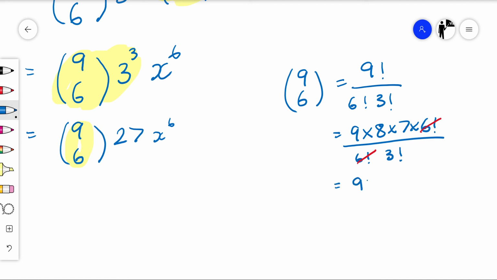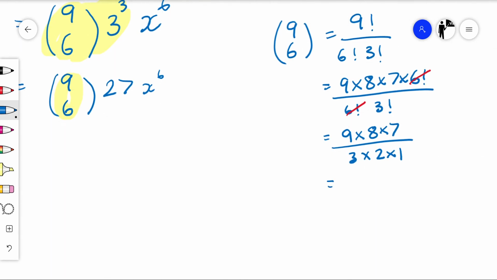So it's going to become 9 times 8 times 7 over 3 times 2 times 1. We can do a wee bit of simplifying here. 3 would go into that once and into that 3 times. 2 would go into that once and into that 4 times. So that's going to become 3 times 4 times 7. So 12 times 7 is 84. That's going to become 84 over 1.